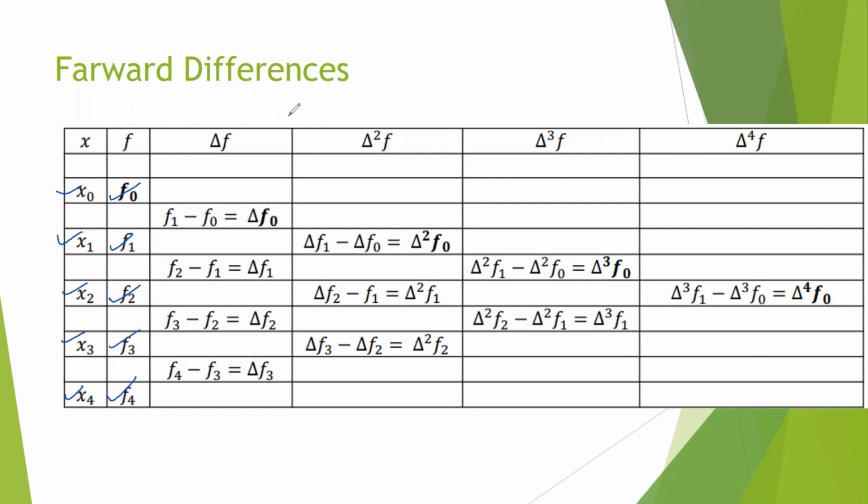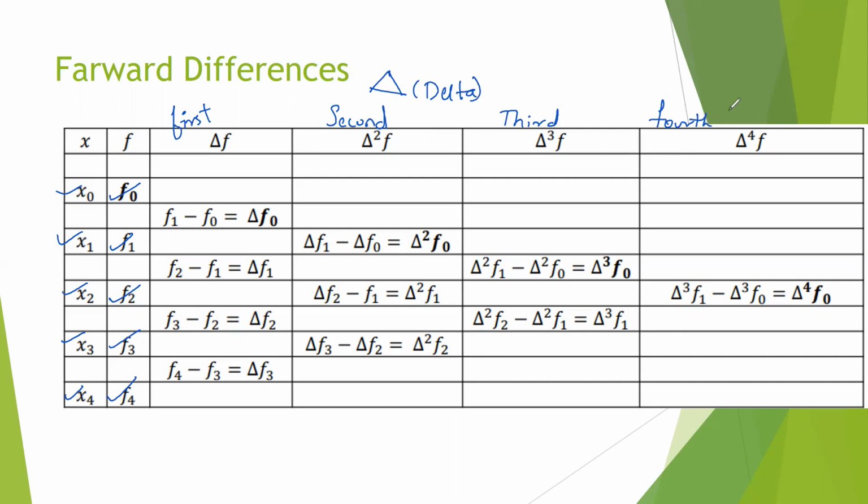In forward differences, we are going to have many forward differences. The very first one is called the first forward difference, that is delta f. Here the forward operator is denoted with delta, symbolized with a triangle. Immediately after it come the second forward difference, then the third, fourth, fifth and sixth forward differences, and so on.